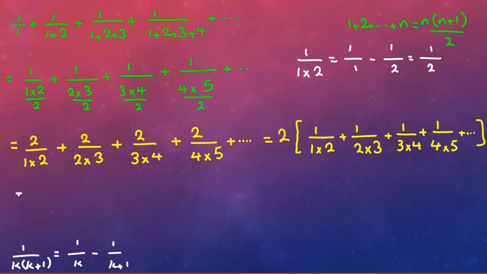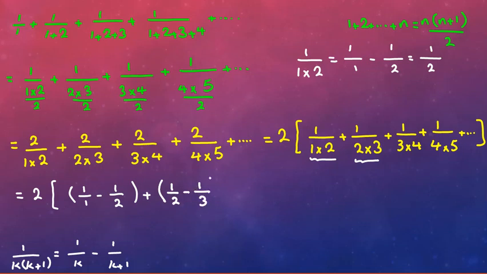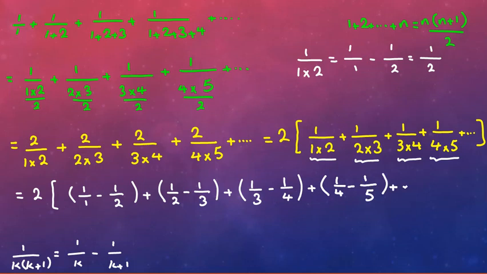Then if you write this, the first part is 1 over 1 minus 1 over 2, the next part we apply this: 1 over 2 minus 1 over 3, then 1 over 3 minus 1 over 4, and the next part 1 over 4 minus 1 over 5, and so on.